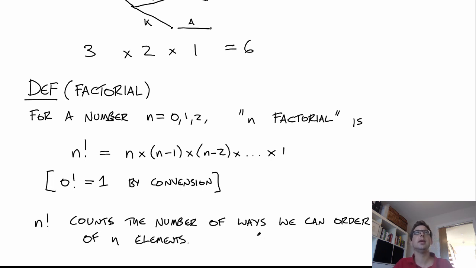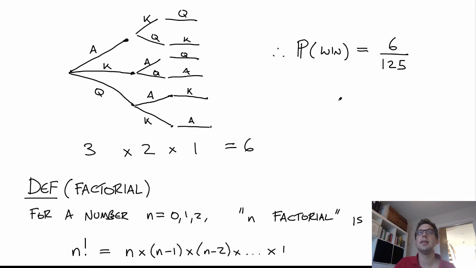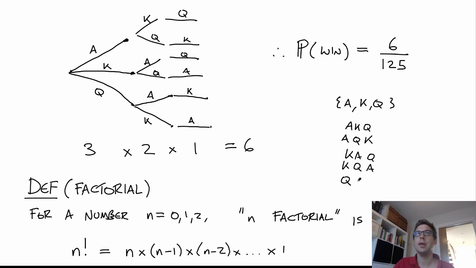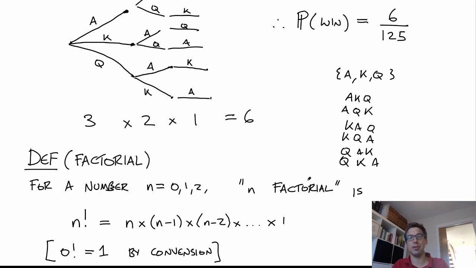What do I mean? Here I had a set that consists of ace, king, and queen, and the ways I can order them are: ace, king, queen; ace, queen, king, so this branch; king, ace, queen; king, queen, ace; queen, ace, king; and queen, king, ace. Those are all the ways I can order these 3 elements, and that's given by 3 factorial.